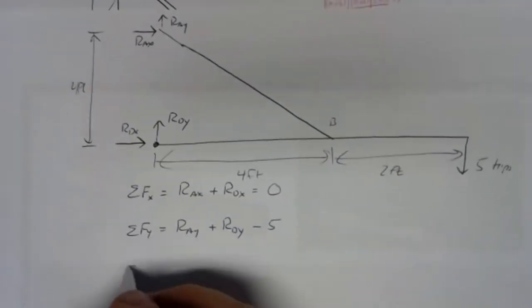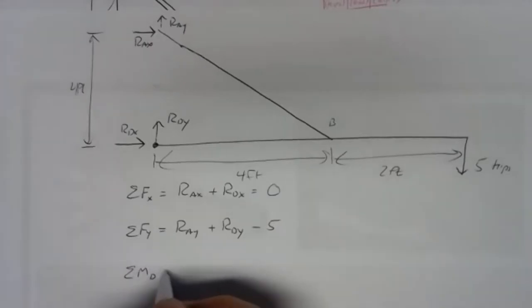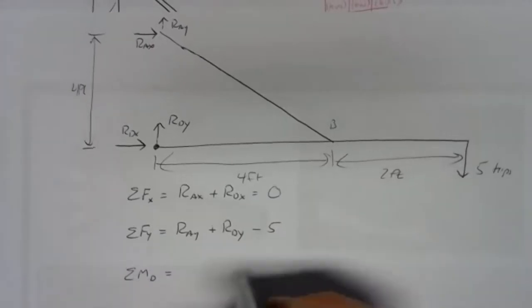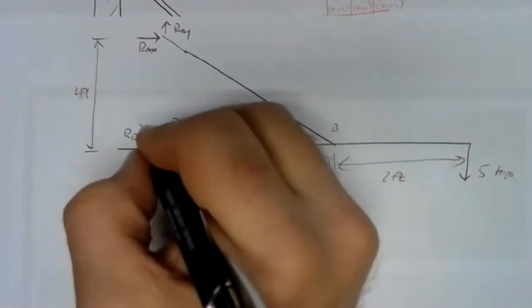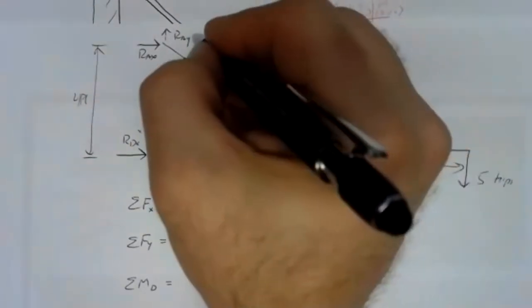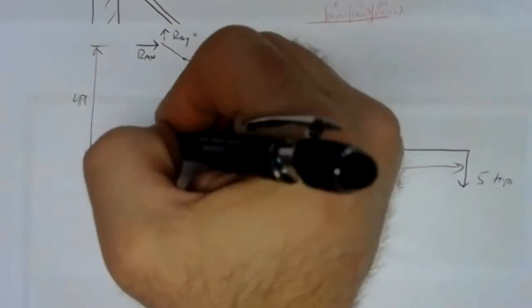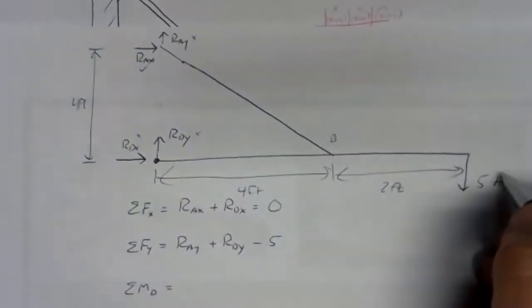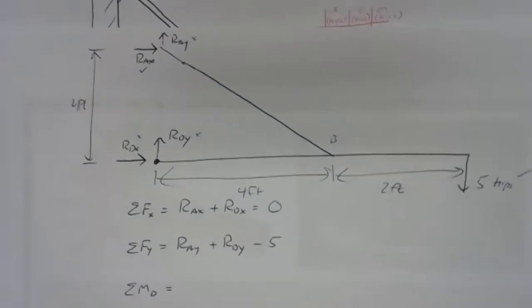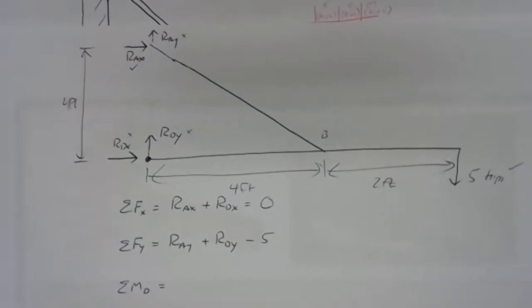But sum of moments about D, if we're picking D, we're going to lose RDX and RDY. We're also going to lose RAY since the line of action of RAY goes right through D. But RAX will have a moment, and so will the 5 kip force. So 2 terms in our moment equation.